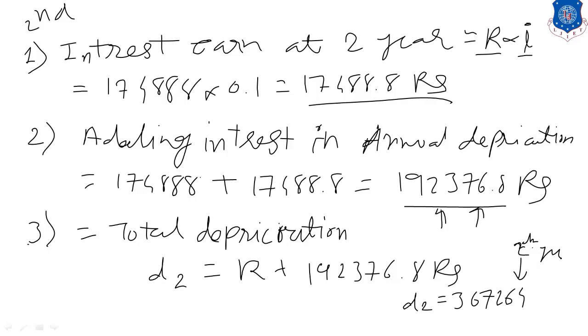Now we have to subtract this value from the book value of the first year. So the next step becomes V2. We have to find out the asset value at the second year, represented by V2, which is given by V2 equal to V1 minus the depreciation of the second year.